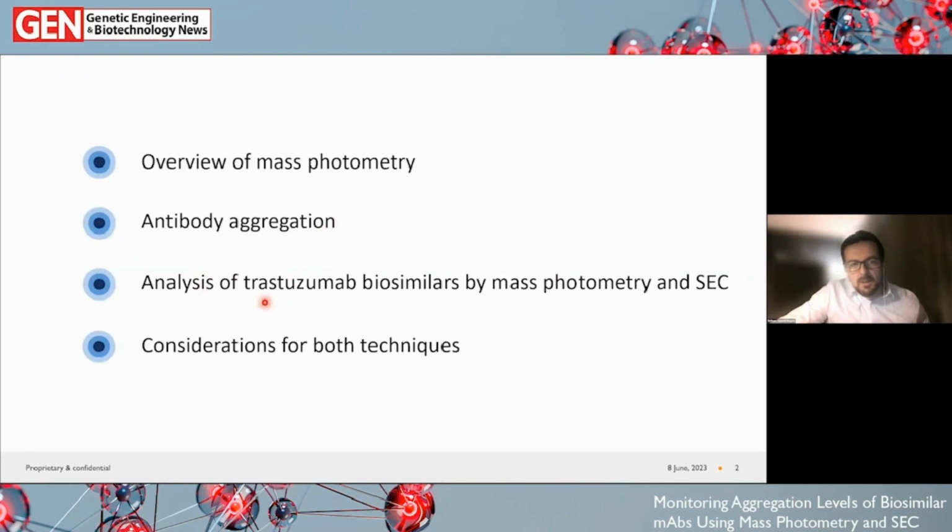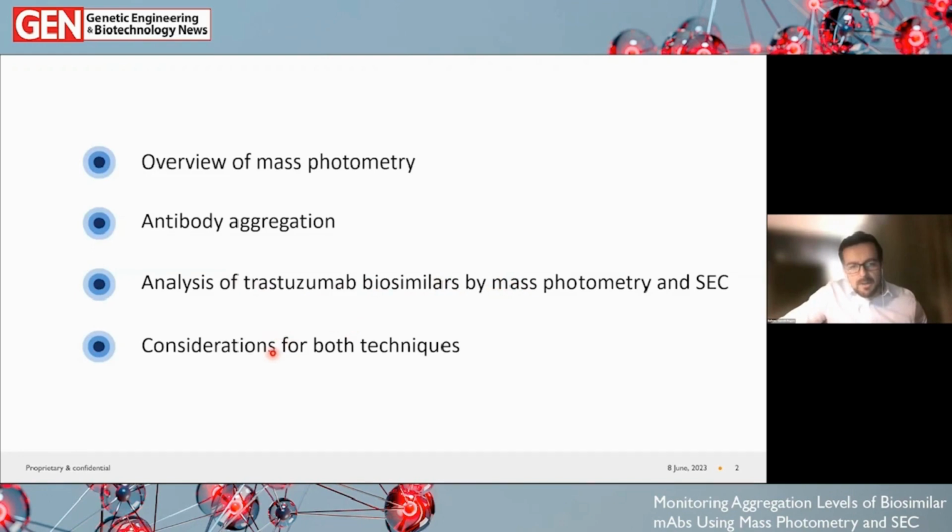And then I'll also run through some data that one of our industrial collaboration partners acquired for analyzing trastuzumab biosimilars, utilizing both mass photometry and SEC.